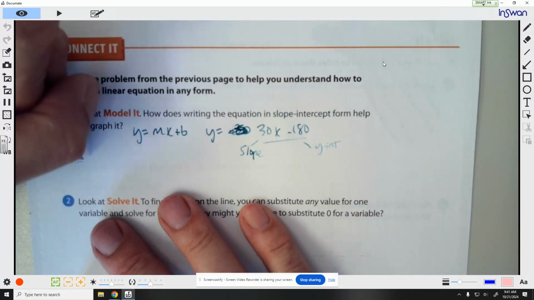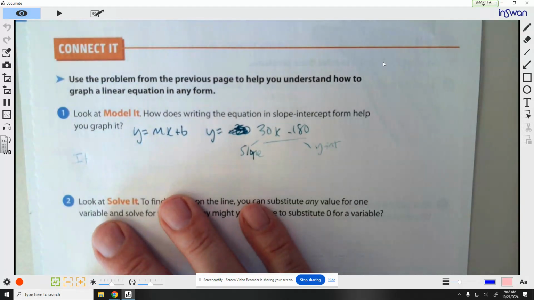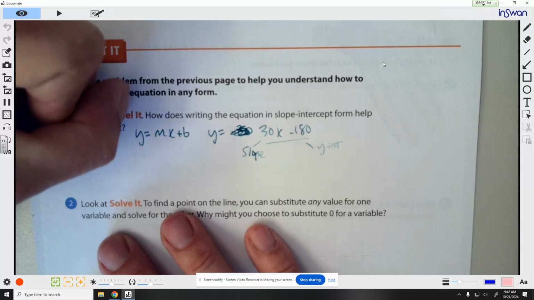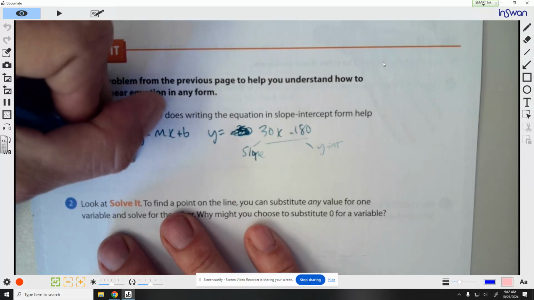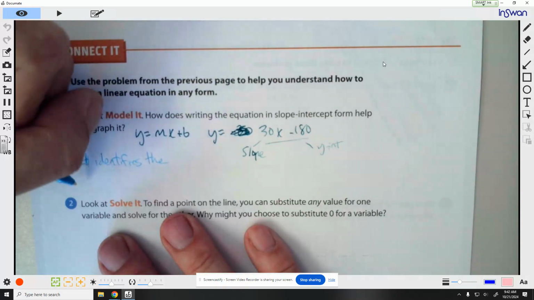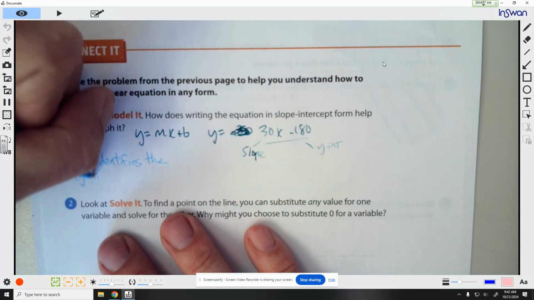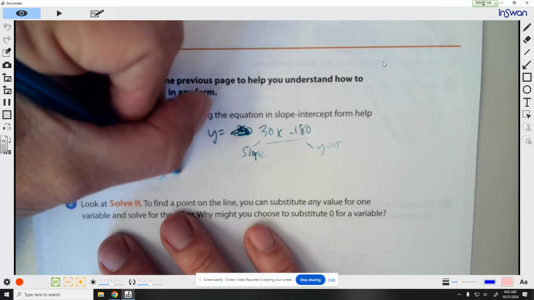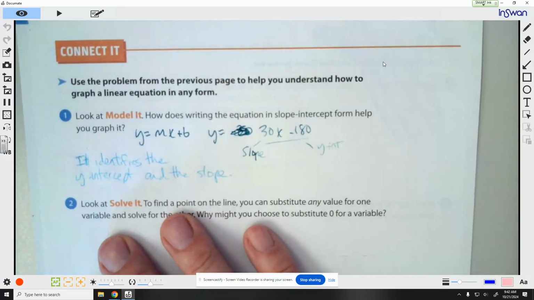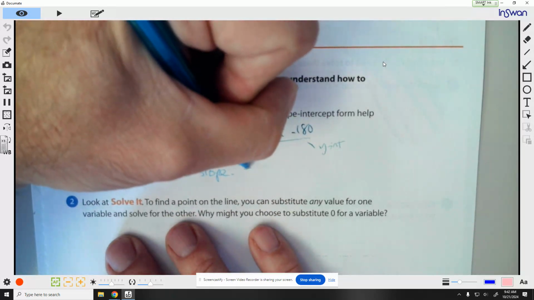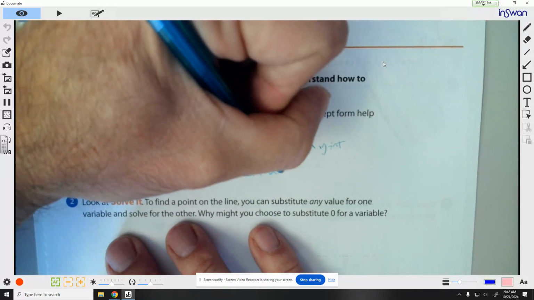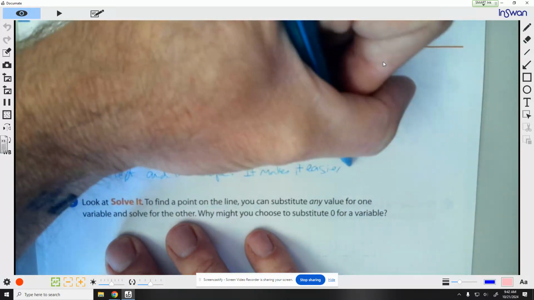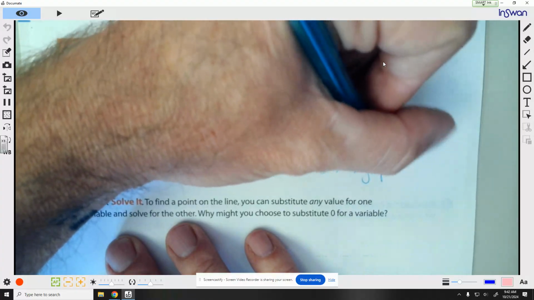We could say it identifies the y-intercept and the slope. Then we could also say it makes it easier to graph.